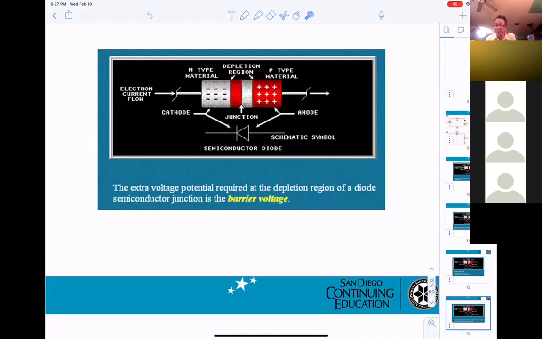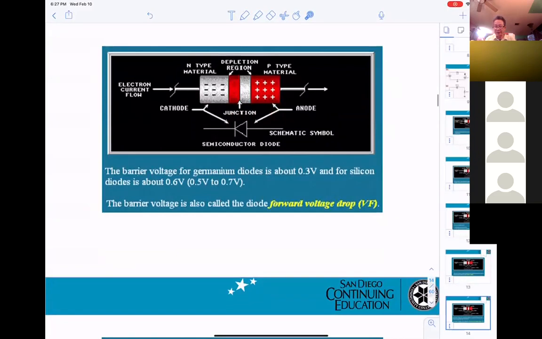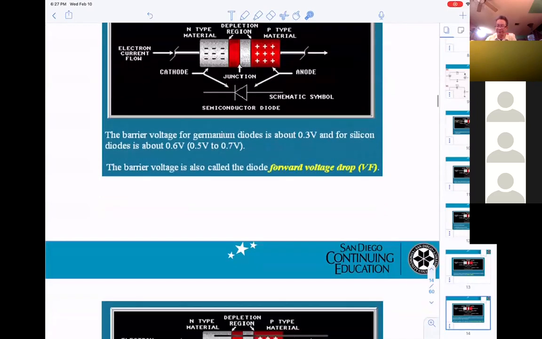When it narrows, then electron current can move. That's why you get current flow and the diode will be on. For a silicon diode, they need at least 0.7 volt for electrons to have enough power to move. You can get 0.7 or 0.6, which means from 0.5 up to 0.7. That'd be fine.